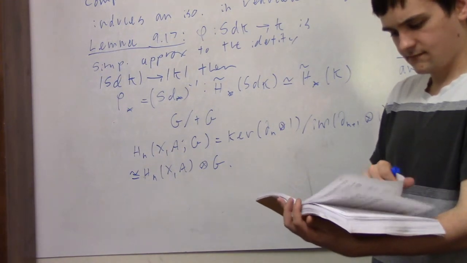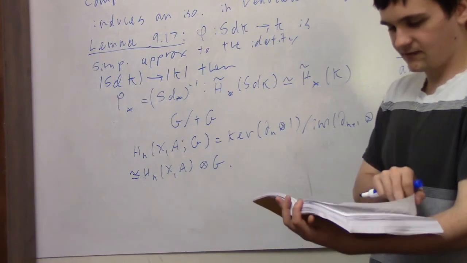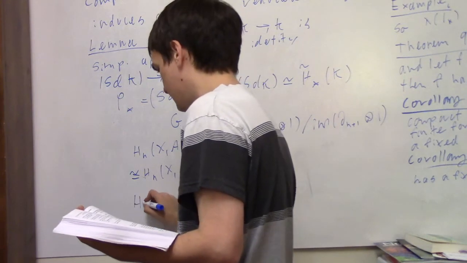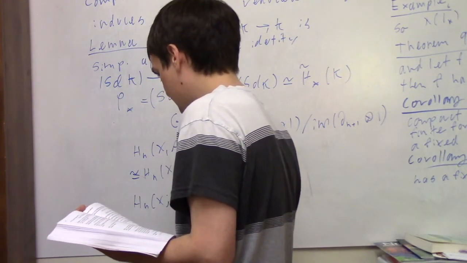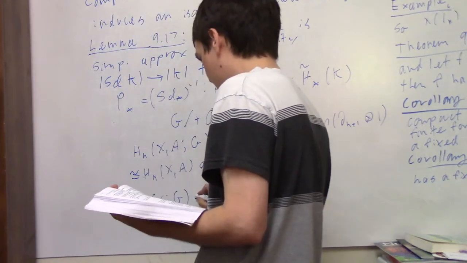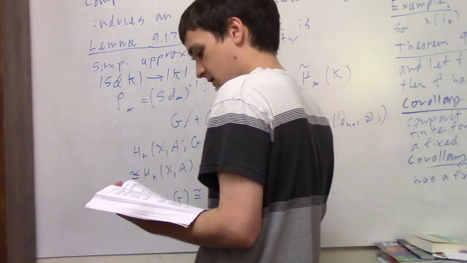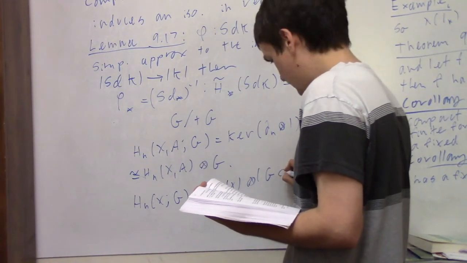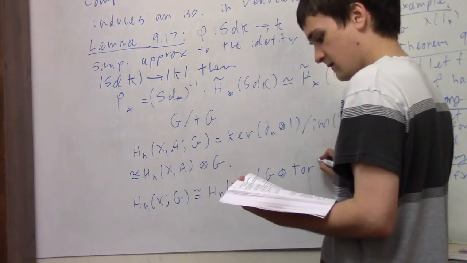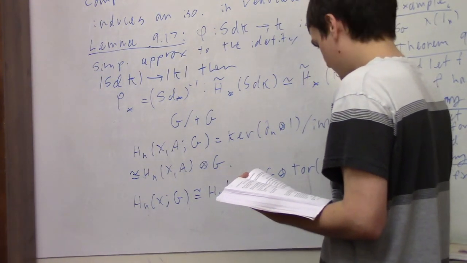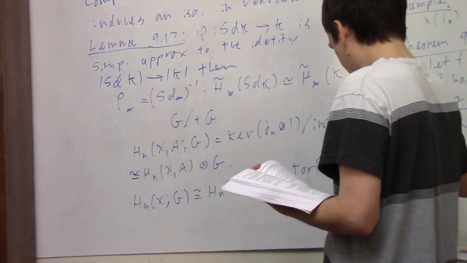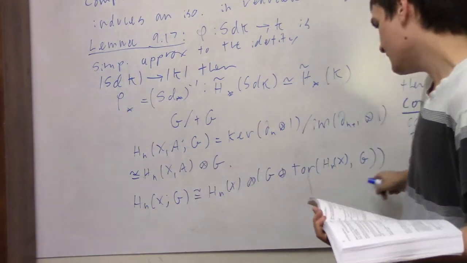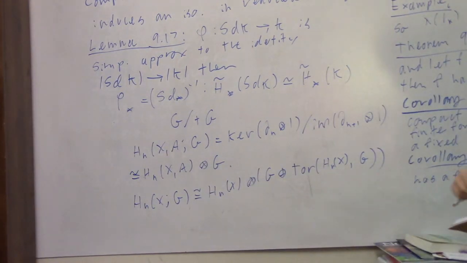He uses this splitting exact sequence to prove it, but the result is that Hn of X with coefficient group G is isomorphic to Hn of X tensor G, direct sum the torsion, which we haven't defined, but I think you know what that means. So not as nice, but still a relatively easy to comprehend structure.